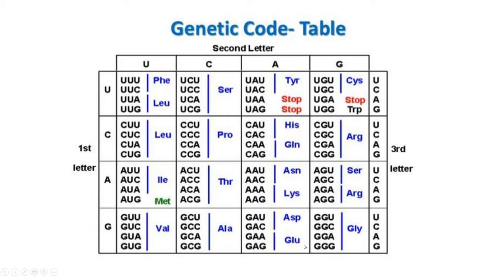In this way you can see the tabular form of the genetic code. UUU, UUC, these two codons code for phenylalanine, and so on. You must remember AUG codes for methionine, and these three UAA, UAG and UGA are stop codons or nonsense codons.